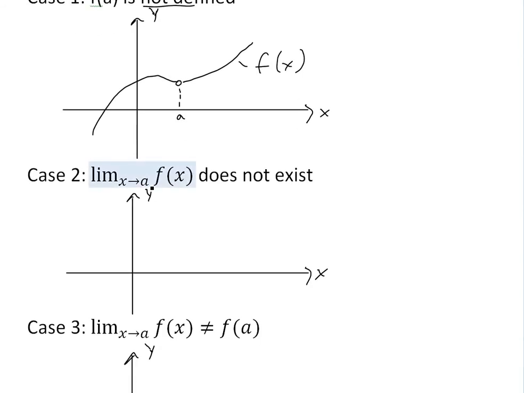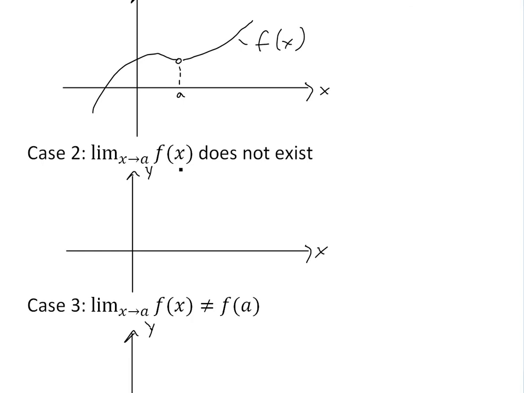Now the second case, if the limit as x approaches a of f of x does not exist. One way is if you have something like this, let's say f of a is right here, but it's like a two-part function. This is a, but then you have something like this, an open circle, which means it's not defined there, it's defined here.